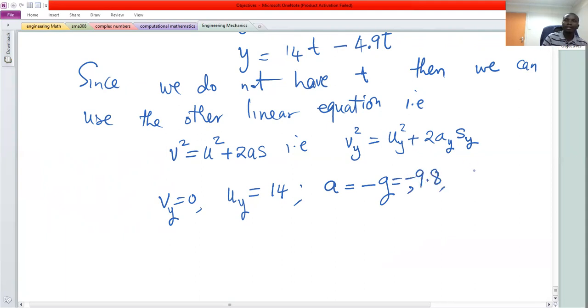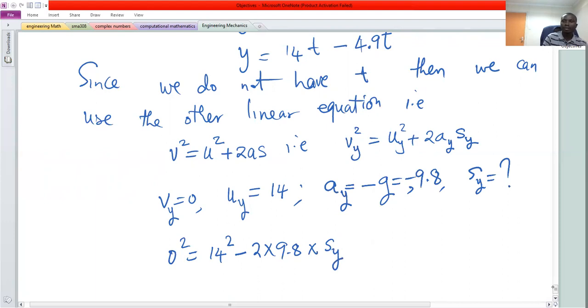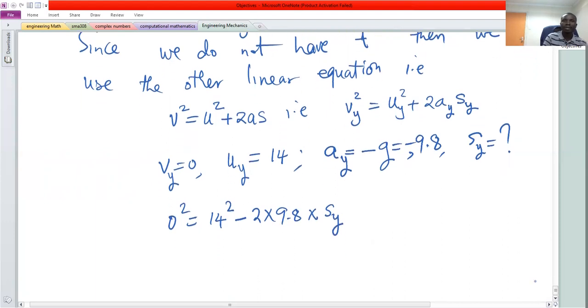And sy is the unknown that you want to calculate. So replacing, you'll have 0 squared equals 14 squared minus 2 times 9.8 times sy. Sy is the same as h in our problem, the vertical height.